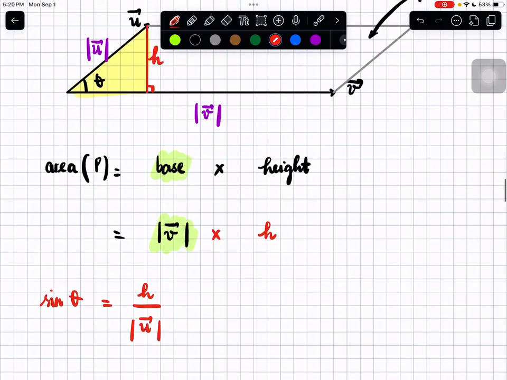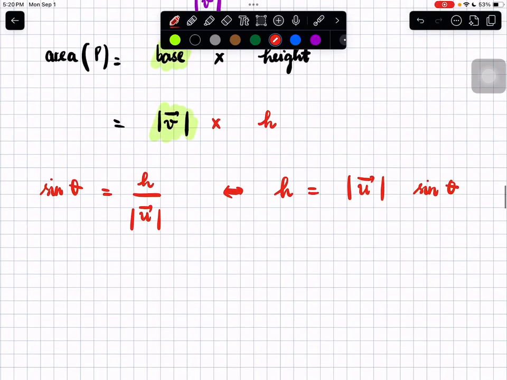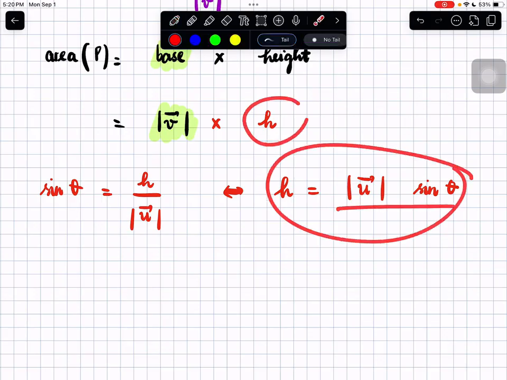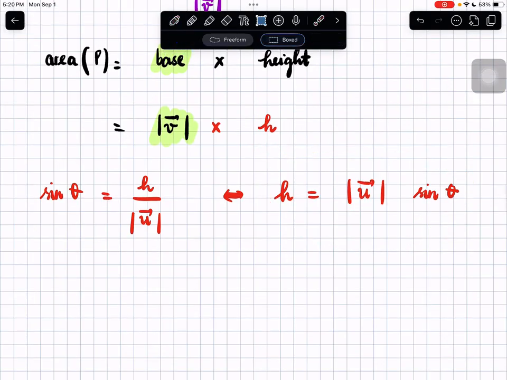This is the same as saying that the height is length of u times sine of theta. Now we can replace h by length of u times sine theta.